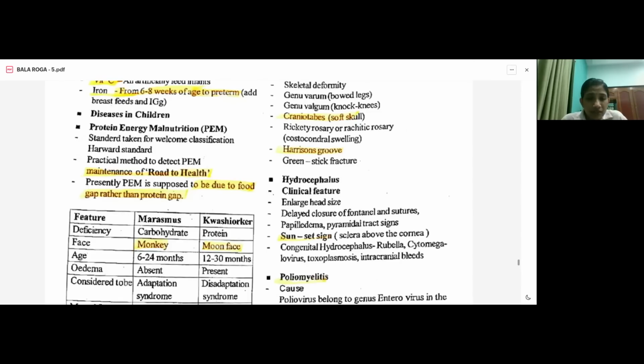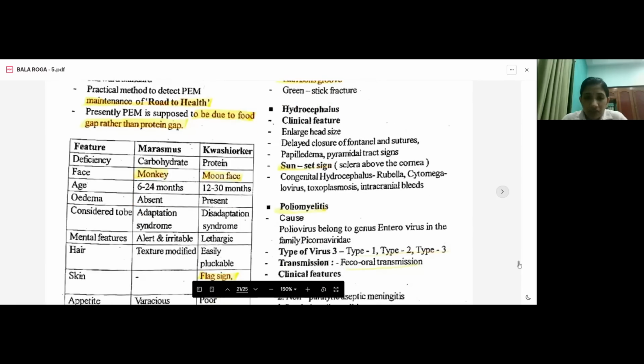In case of marasmus, mainly carbohydrate deficiency is present, and the face of the baby is like a monkey. The age of the baby is mainly between 6 to 24 months, and edema is absent, and it is considered to be an adaptation syndrome. So in marasmus, carbohydrate is mainly deficient, and the baby acquires a monkey face.